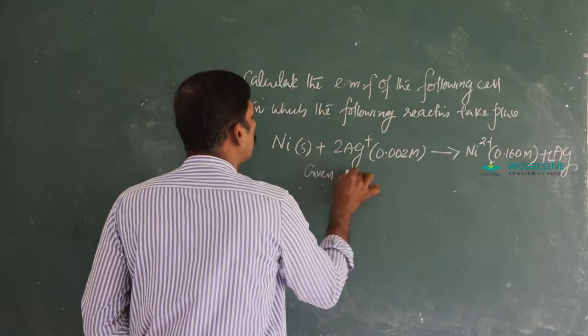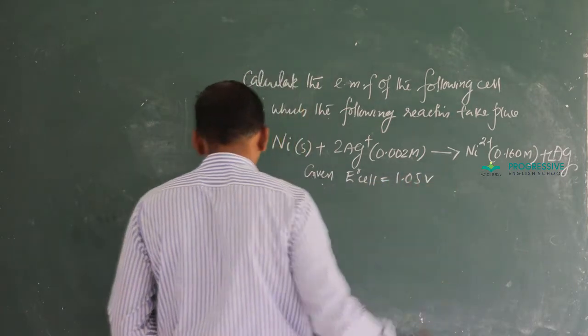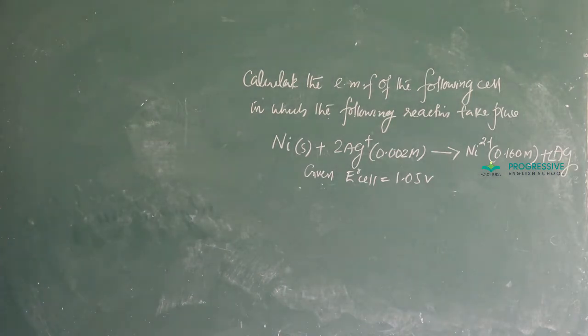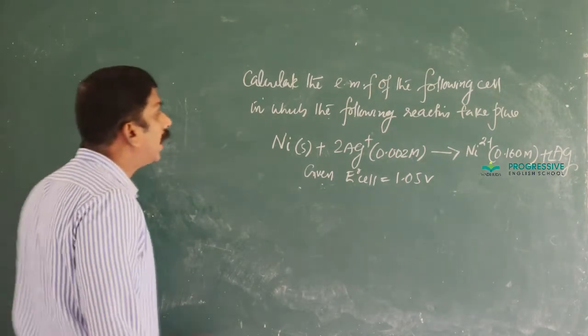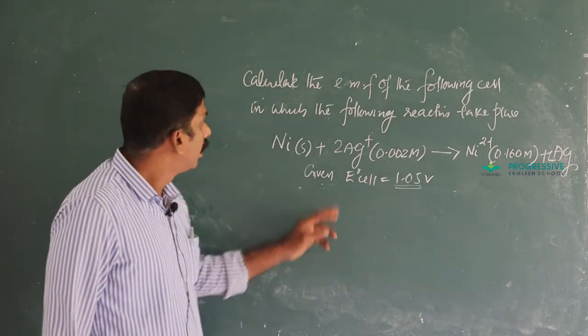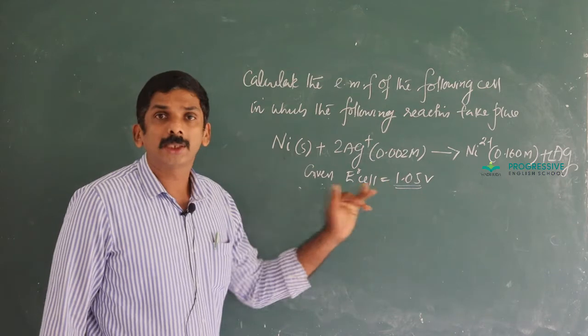Also given E0 cell equal to 1.05 volt. Here they are directly given E0 cell. Otherwise, the electrode potentials of nickel as well as silver would be separately given.